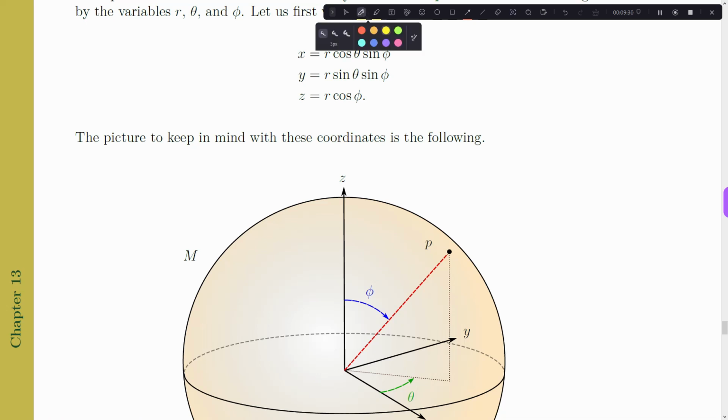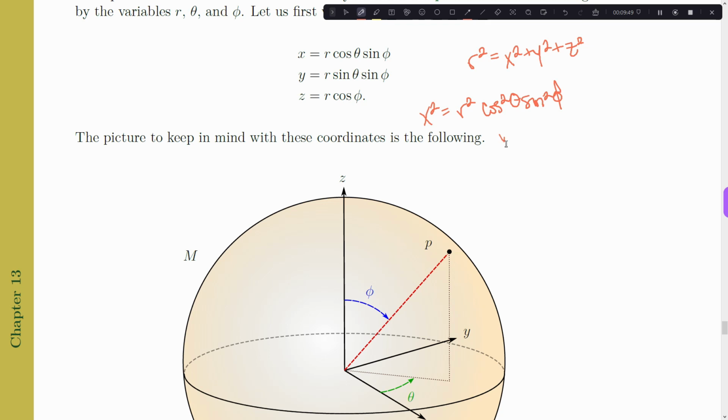Let's check something really quick. So we would want something like r squared to be x squared plus y squared plus z squared. And let's just verify that that's true. So x squared would be r squared cosine squared theta sine squared phi. Y squared would be r squared sine squared theta sine squared phi.